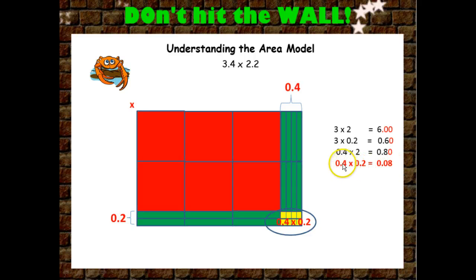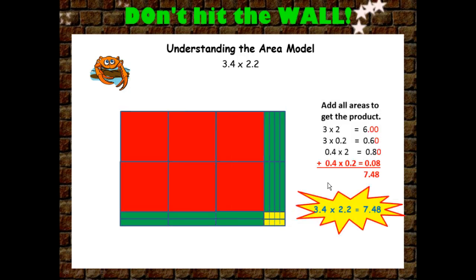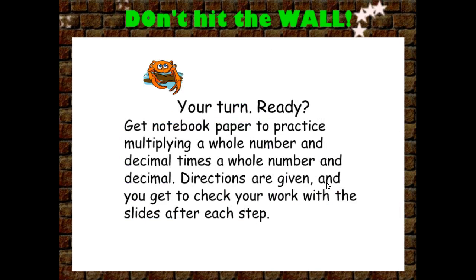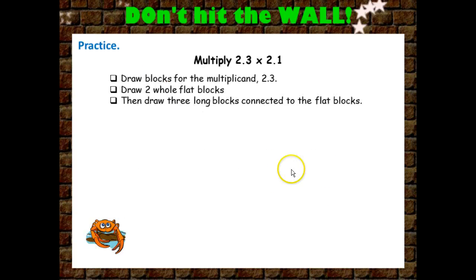Because our decimal has 2 spaces, there are 2 digits after the decimal. So again, we make the same type of activity. What I encourage you to do on your own scratch paper is try to multiply 2 and 3/10 times 2 and 1/10.